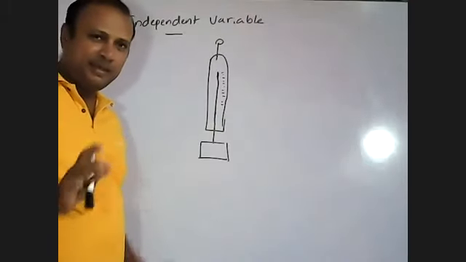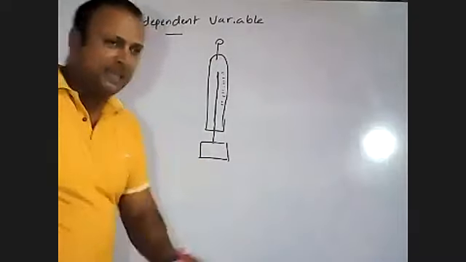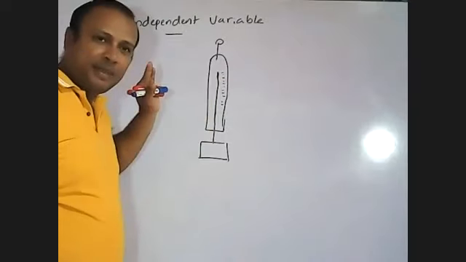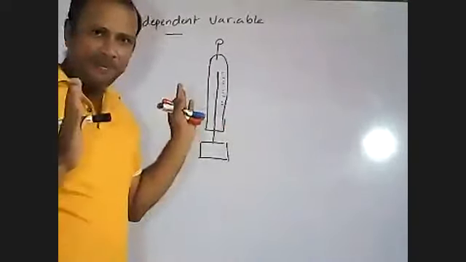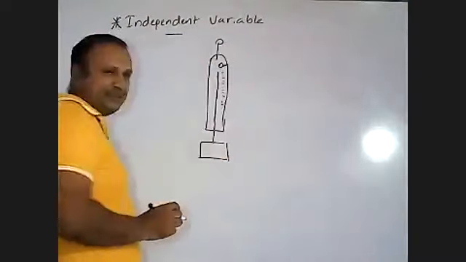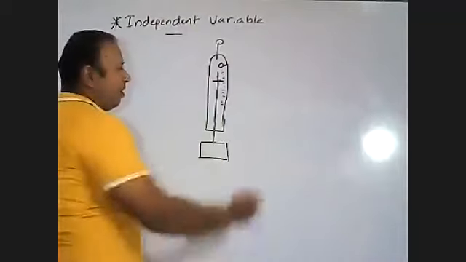Can you understand my question? There is a spring balance, and the spring balance is scaled using length, a centimeter scale. There is a pointer.